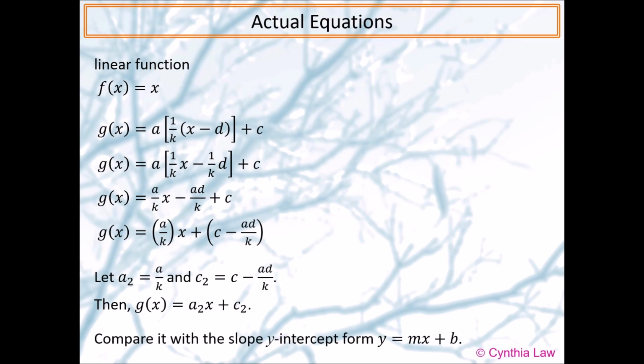And then we can compare this with the slope y-intercept form, y equals mx plus b. As you can see, m is a subscript 2 and b is c subscript 2. So it means the slope is a subscript 2 and the y-intercept is c subscript 2.